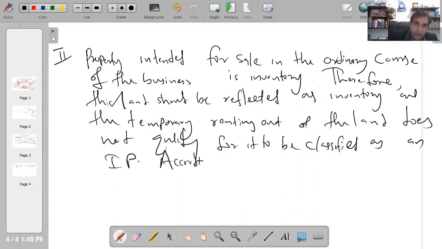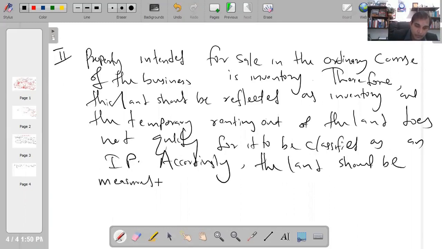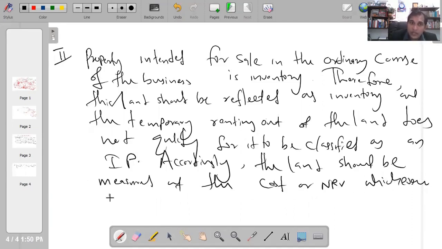Accordingly, the land should be measured at the cost or net realizable value, whichever is lower. That is 30 million. Okay. So this is the answer for the second property.